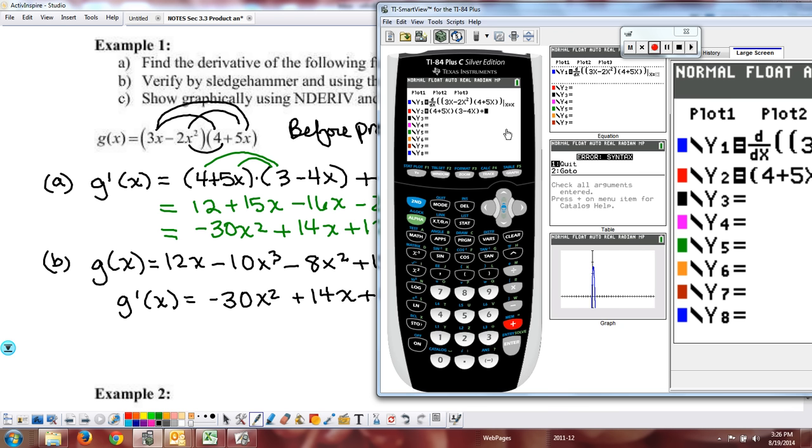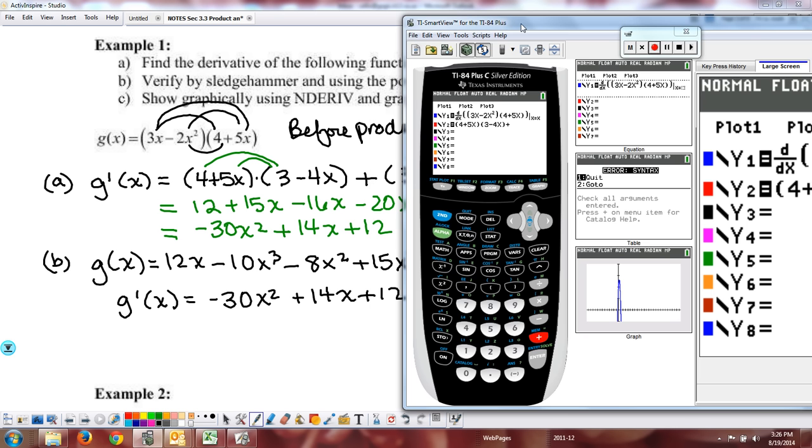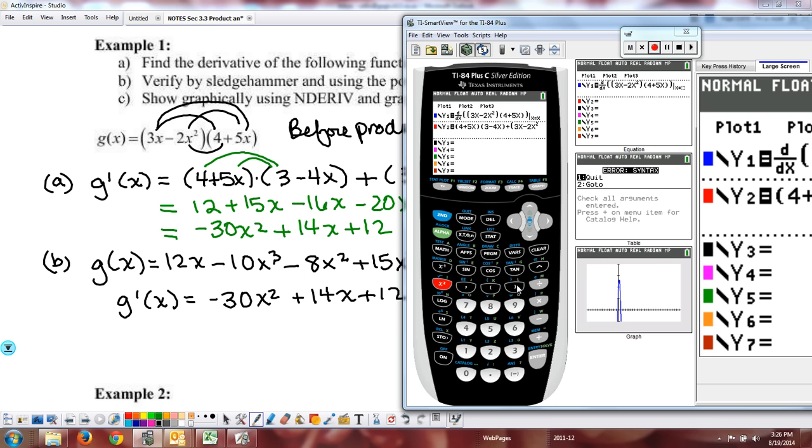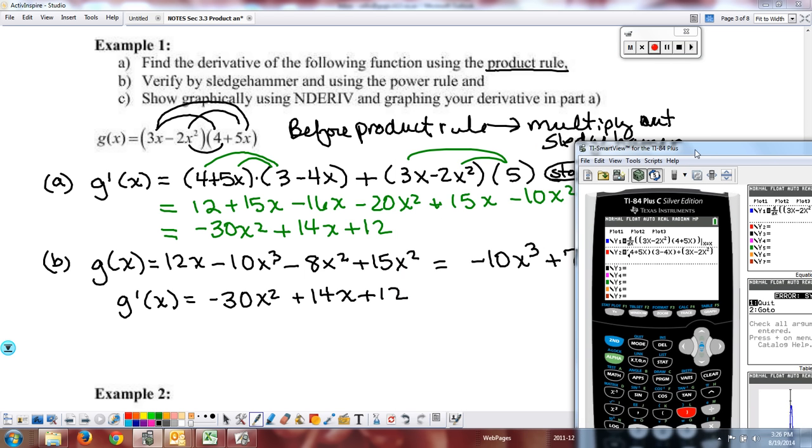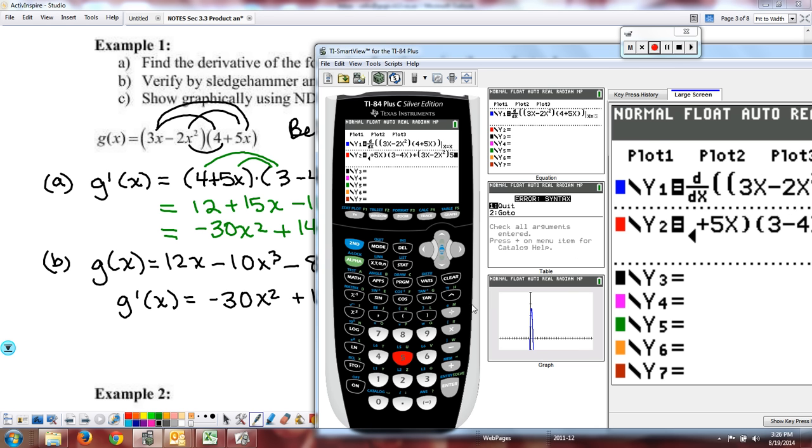And then we had our plus 3x minus 2x squared. And then our last one, which was basically times 5.